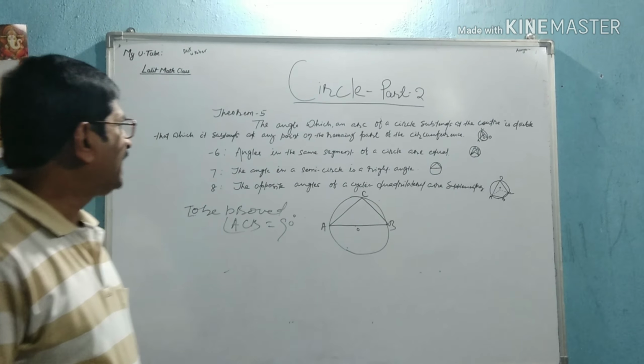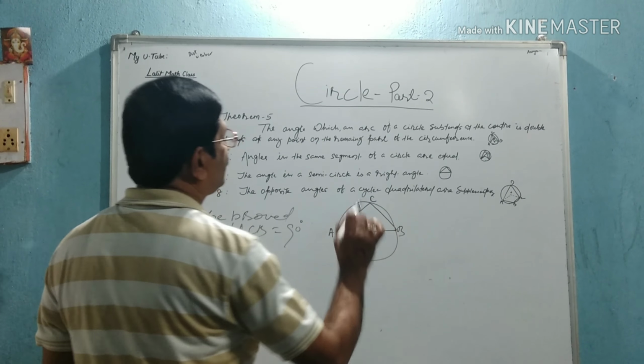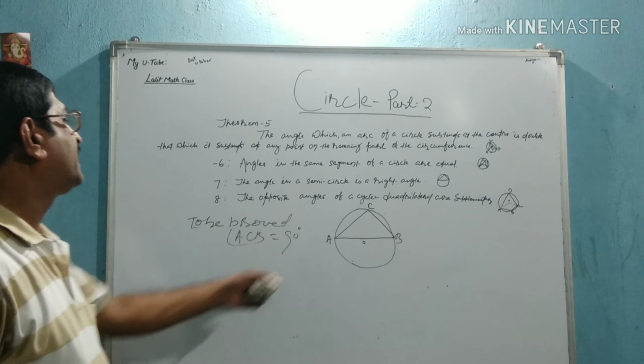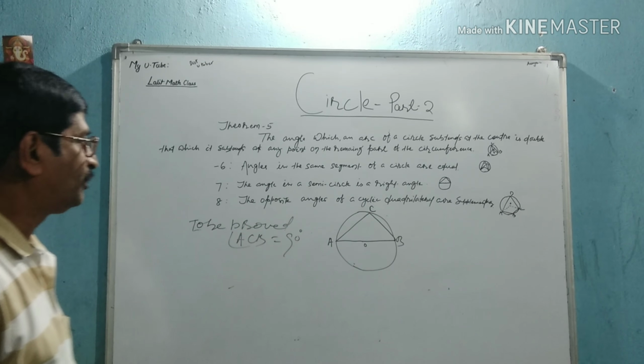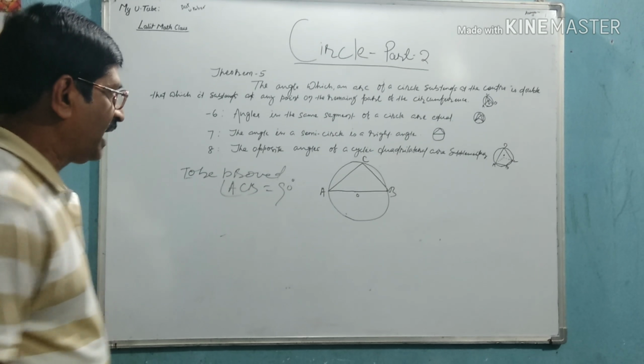First you see, as the theorem says, semicircle. Your ACB is the semicircle because O is the center and AB is the diameter. The diameter has divided the circle into two semicircles, and ACB is the semicircle angle.